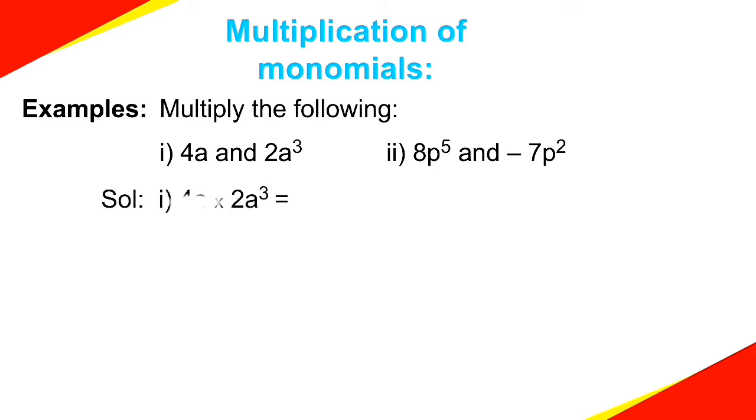Now we are going to solve the first one, that is 4a into 2a cube. 4a into 2a cube is equal to what we can get? Right, 4 into 2, the two constant terms you take. What are the next? That is variables. A into a power 3.